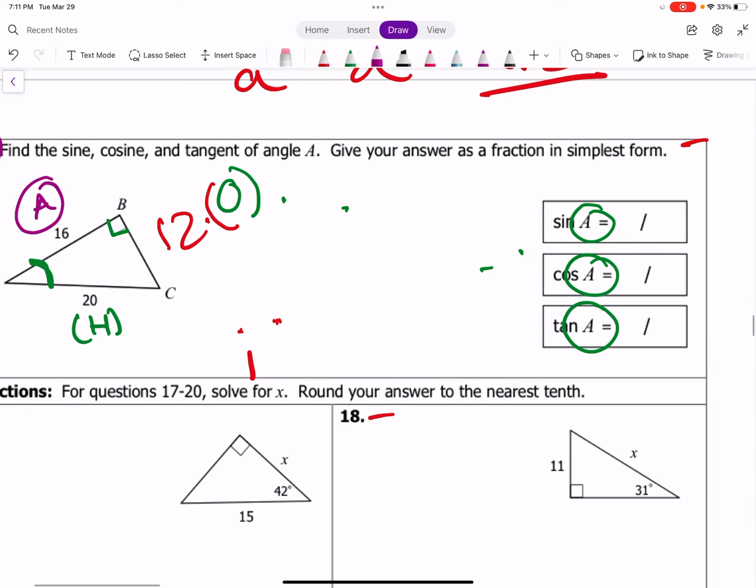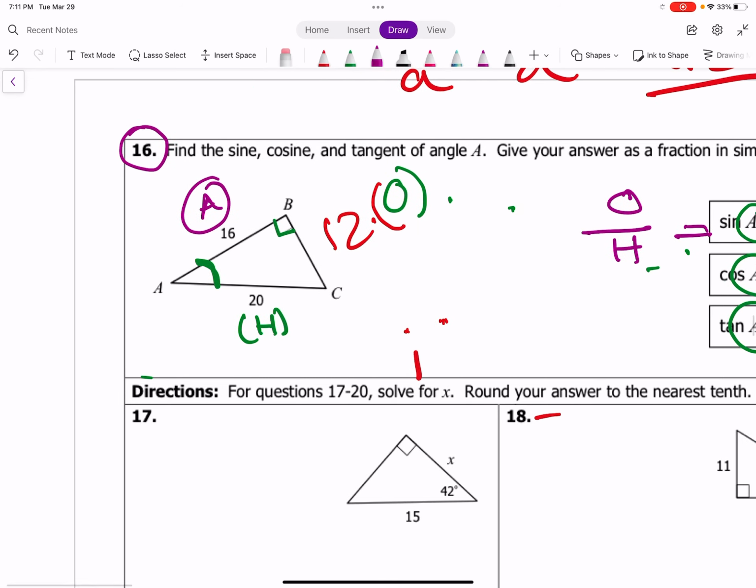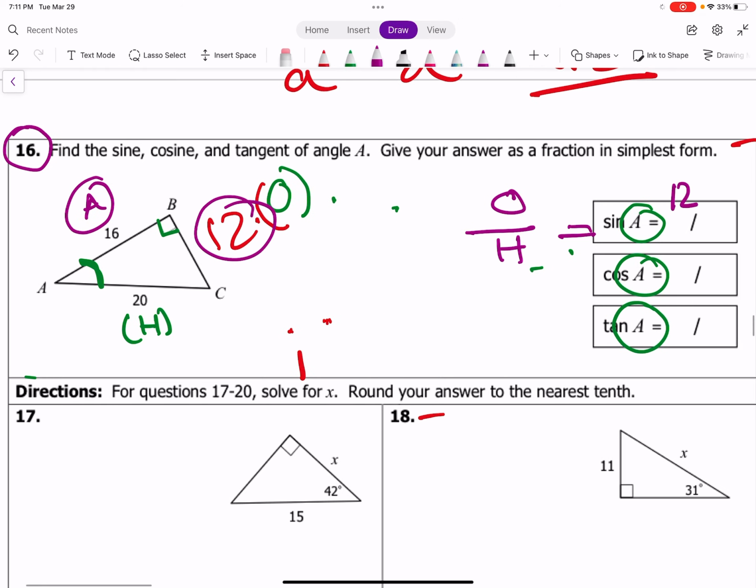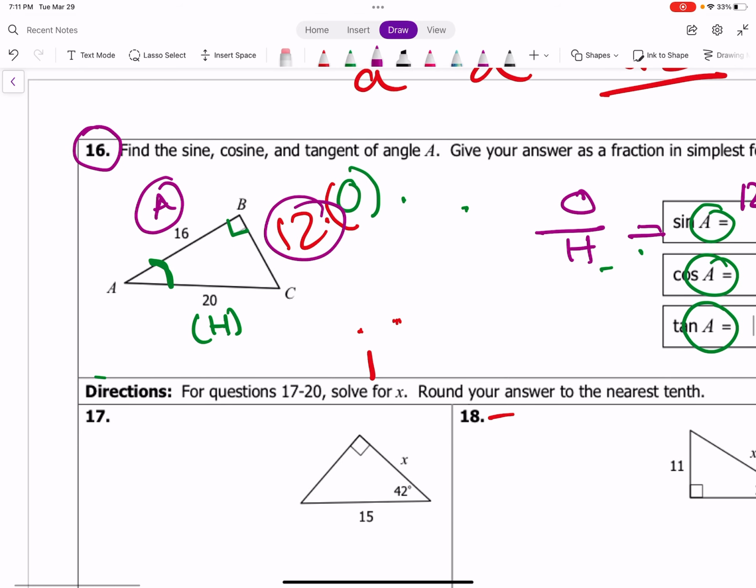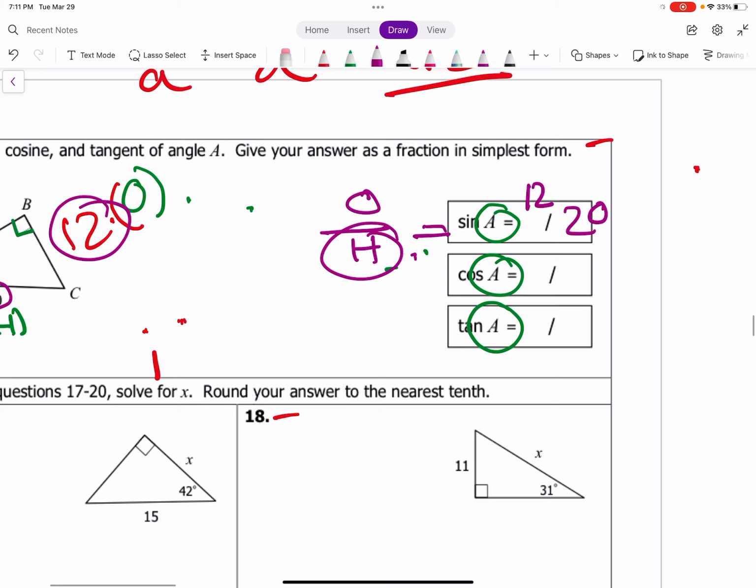All right, so sine is opposite by hypotenuse, so that's 12 over the hypotenuse, which is 20. So 12 over 20, I can simplify by 4, so I get 3 over 5. That's my sine.